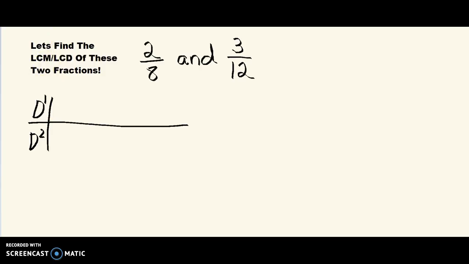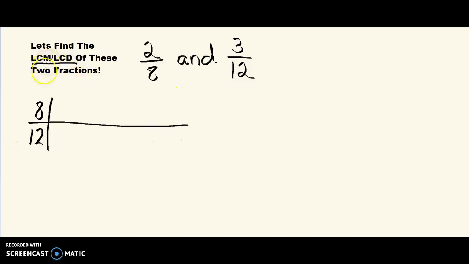So let's put them there. We're going to put the 8 here, and we're going to put the 12 here. Both of these are denominators. The 8 is a denominator, and the 12 is a denominator. They go here when we're finding the least common multiple and the least common denominator. Here you're going to count by 8, and here you're going to count by 12.